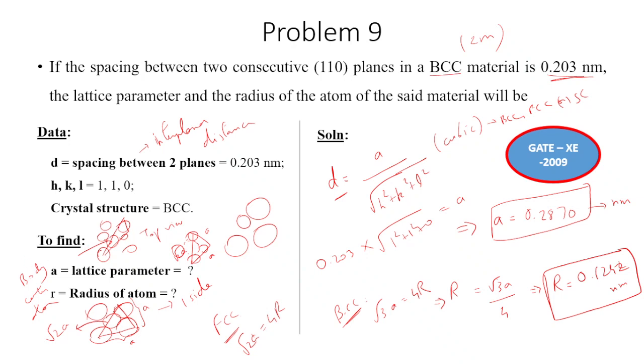We already know this is root 2a, and then there will be another a over here. Finally, in the hypotenuse, we will get root 3a. So this is clear, right? We should never forget: for BCC, root 3a is equal to 4r, and for FCC, root 2a is equal to 4r.